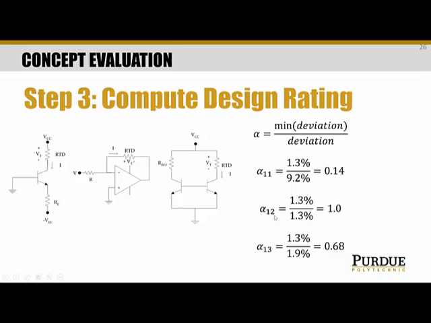So circuit 2, relative to criteria 1, got a rating of 1. Circuit 1, relative to criteria 1, was much less accurate. It had 9.2% deviation, so it gets a rating of 0.14. And then circuit 3, relative to criteria 1, had a deviation of 1.9, so it gets a rating of 0.68.